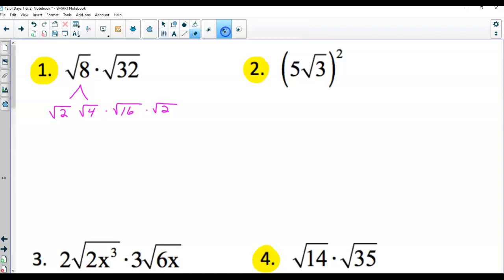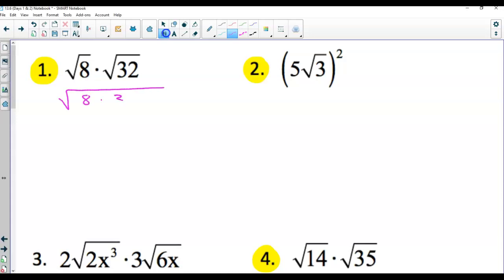I'm going to take a different approach with you here, and this might work better because these are under the same root. I'm going to think of this as 8 times 32. Because they're underneath there, I'm going to think of 8 as 4 times 2, and 32 as 16 times 2.